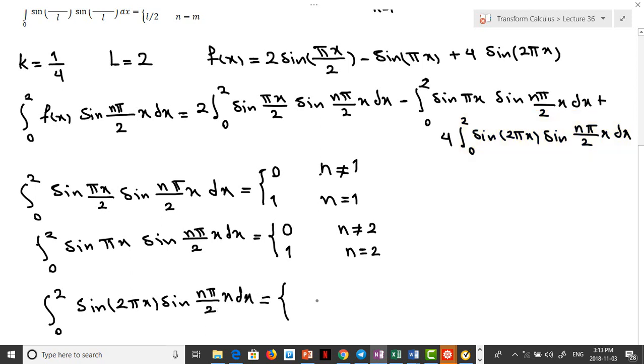Based on orthogonality, if n is not equal to 4, it is equal to 0, and if n is equal to 4, this integral is equal to 1. So we could find the integral of f(x) sin(nπx/2) dx.